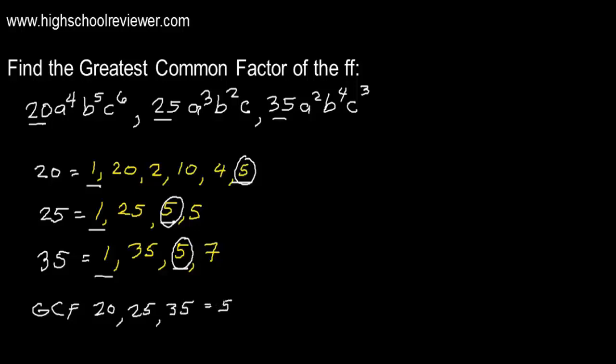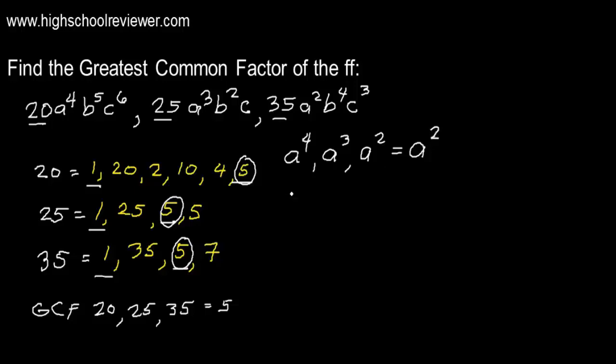Okay. Let us now find the GCF of a, b, and c, or the GCF of the variables of the three terms. Okay, let's first have here a to the 4th, and then we have also a cubed and a squared. The GCF of the three will be the one with the lowest exponent, and their GCF here is a raised to 2.